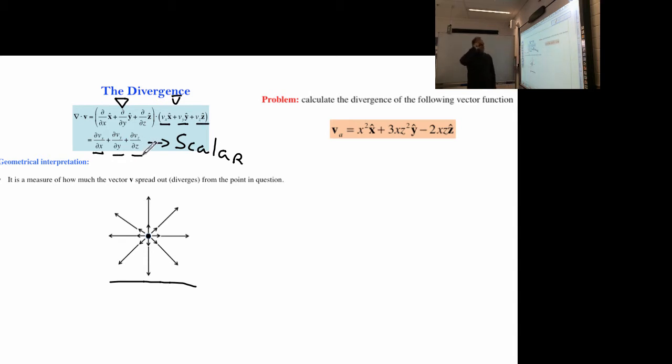So let's do this problem on the right hand side here. We have some vector which is given by this expression, and what we want to do is determine the divergence.